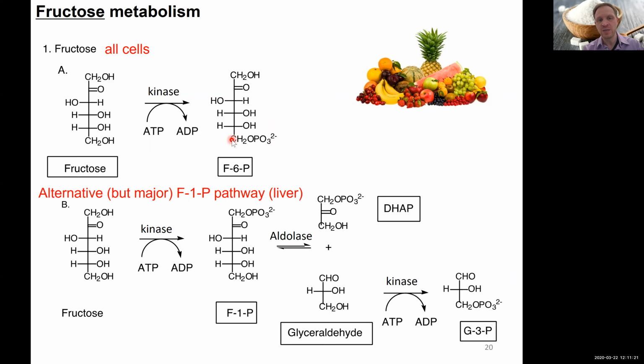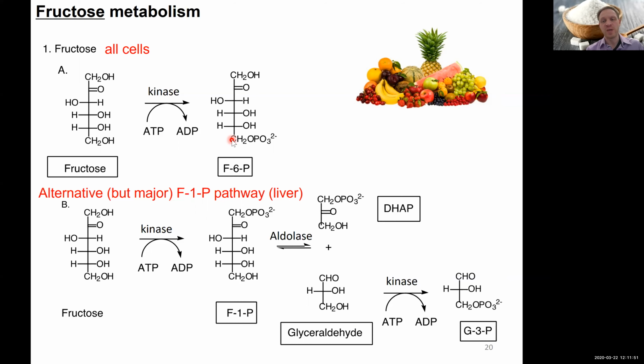What we're generating is fructose 6-phosphate. That should ring a bell because fructose 6-phosphate actually is one of the intermediates in our glycolytic pathway, right? So with this one simple step, we already have entered fructose into our glycolytic pathway. It's coming in form of its phosphorylated derivative fructose 6-phosphate. This is a simple pathway. It's actually occurring in all cells.